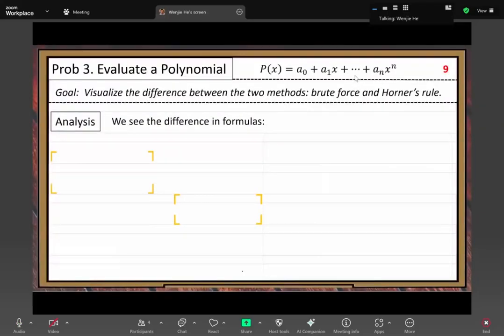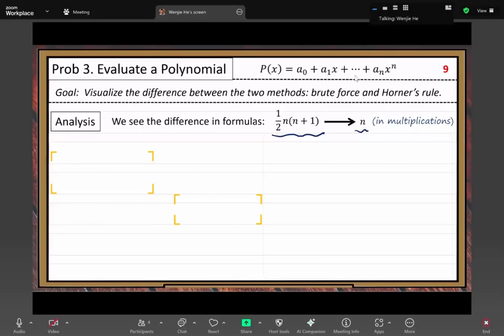Before we do the improvement, the formula is this many multiplications. After we do the factorization, we get this many multiplications. We know it's a significant improvement.